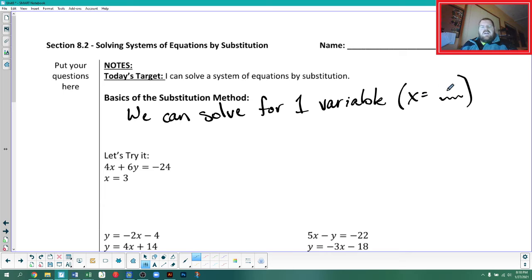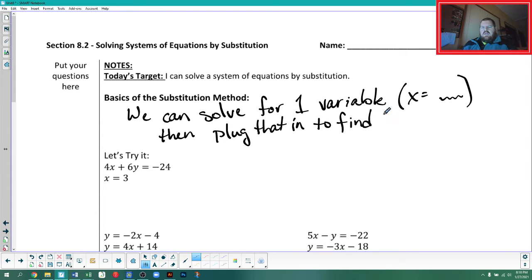And there may be y's involved in what it equals. There may not be. But even if there is, that's not a big deal. We can find out what x equals and then plug that in to find the other variable.